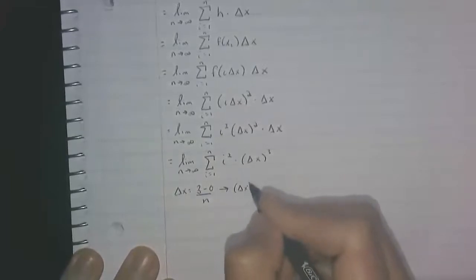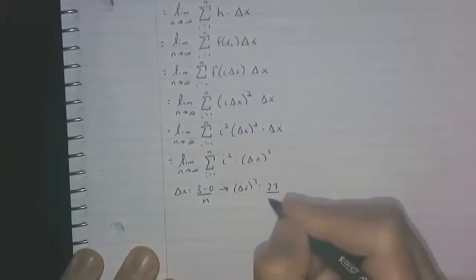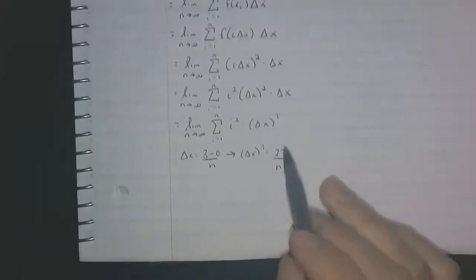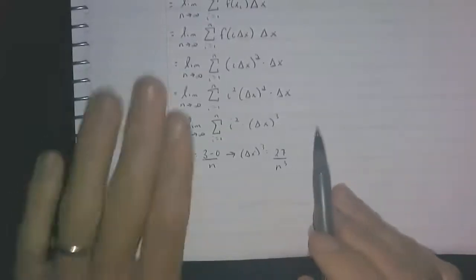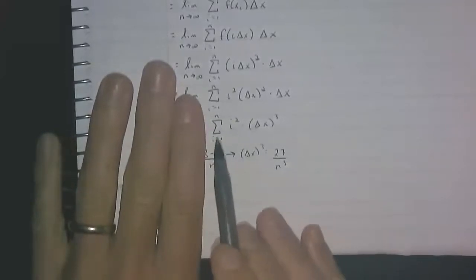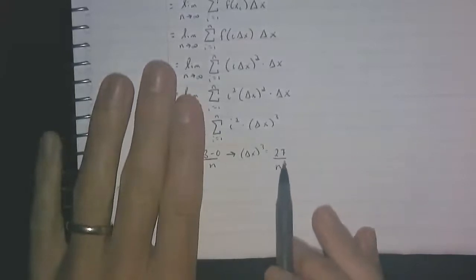So delta x cubed is this 27 over n cubed. And just as before, this same logic applies: looking at this sum that acts only on i, it has no effect on 27 over n cubed.